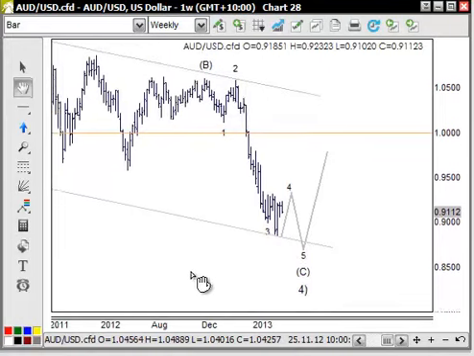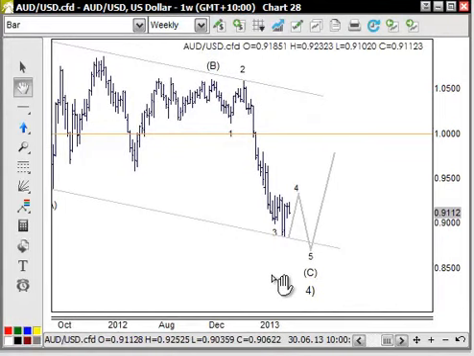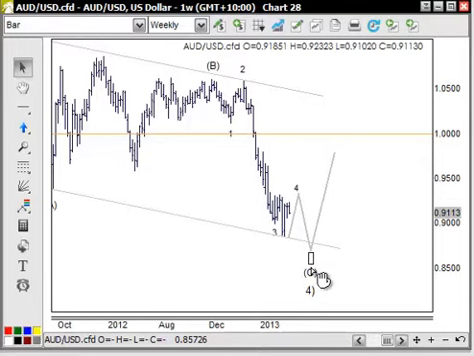Just to start in the bigger picture here again, what we were sort of looking for here is we're looking for wave 4 to complete, and that may have done that. The other count here, of course, is that this wave 5 here is actually already completed at this point to here, but we'll stay with this for the time being of one more structure to come down through here.